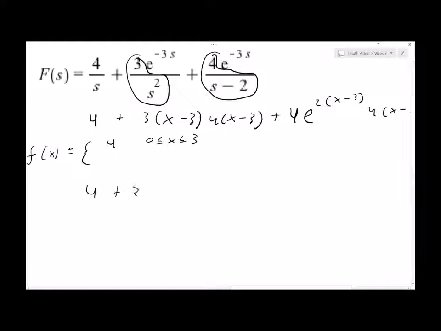So 4 plus 3x minus 9 plus 4e to the 2x minus 6, or negative 5 plus 3x plus 4e to the 2x minus 6, and that's otherwise.